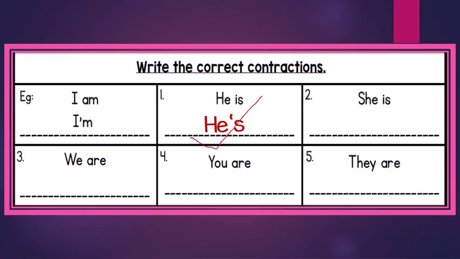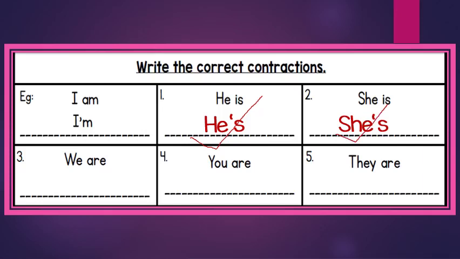Okay, number 2. She is. Again, first you write she and then the apostrophe and then only S. So it becomes she's. Again, if you got that correct, big tick.